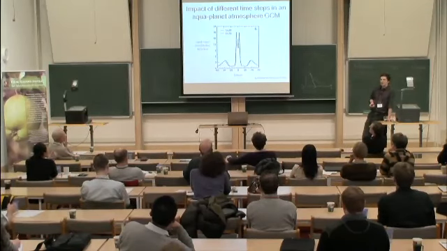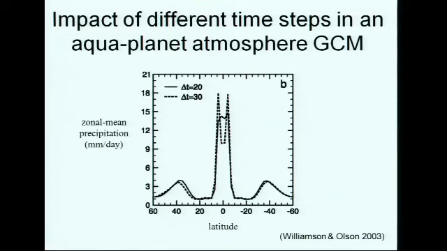All sorts of other examples. Matt, you talked about the double intertropical convergence zone in your talk. This is the zonal mean precipitation in another atmospheric general circulation model, plotted as a function of latitude for 2 different time steps. I don't really have time to talk about which of these 2 simulations is the better, but I'll just make the broader point that the zonal mean precipitation pattern is strongly dependent upon the time step.